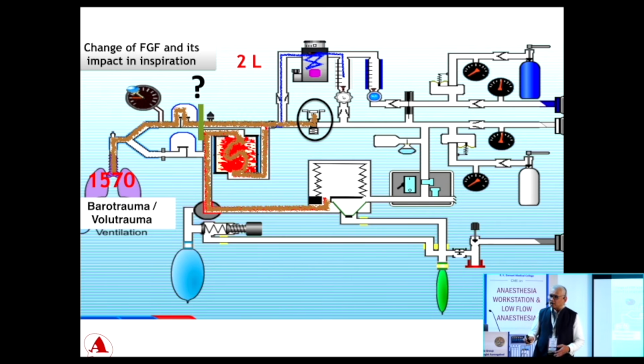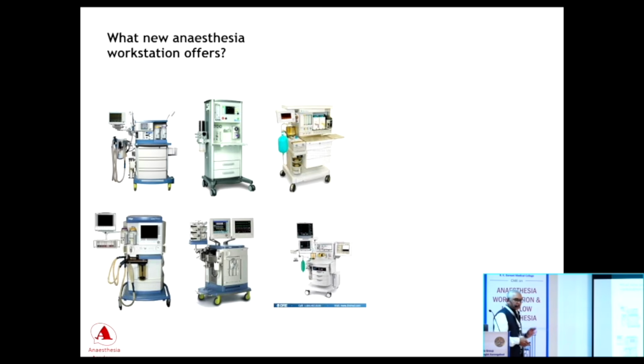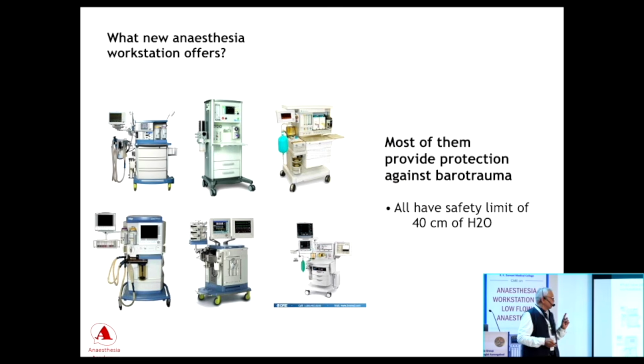You do a pediatric patient, supraglottic airway leak is happening, you pressed flush, anesthetic concentration will go down, patient will have barotrauma. Fortunately, most of the machines have cutoff limits, so barotrauma is less likely, but it is definitely going to cause overinflation and volume trauma.